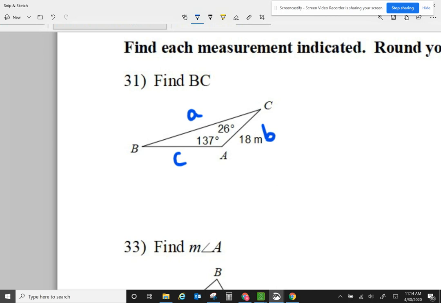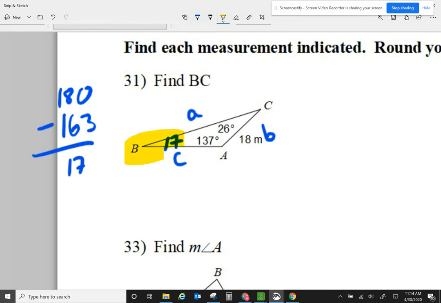Add those up, 137 plus 26 gives me 163. Subtract that from 180, and that gives me 17. That means that angle B is 17.